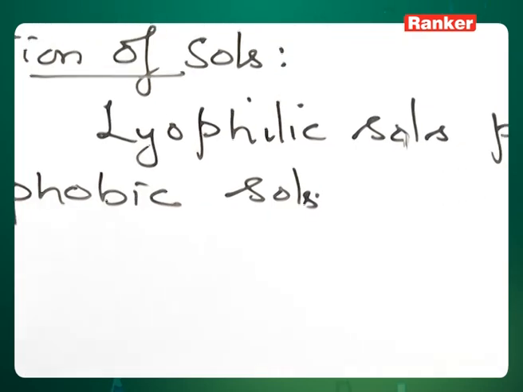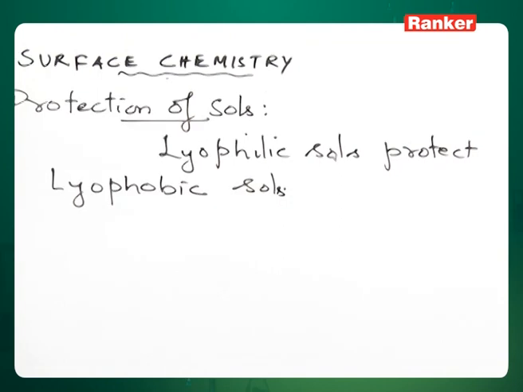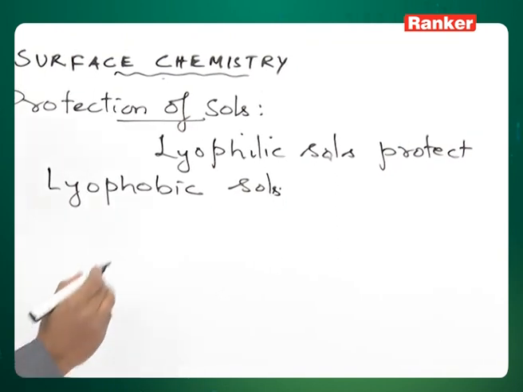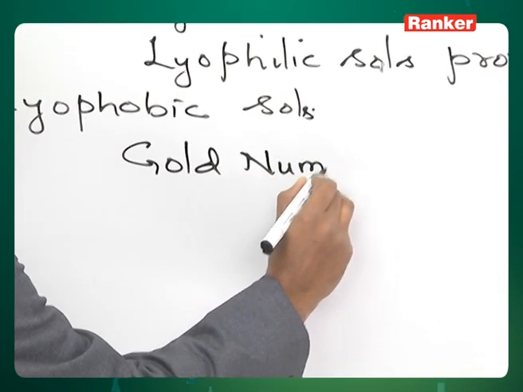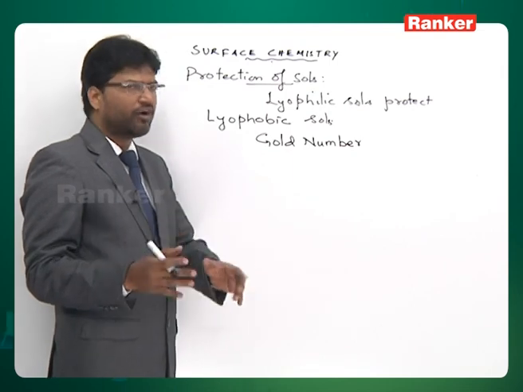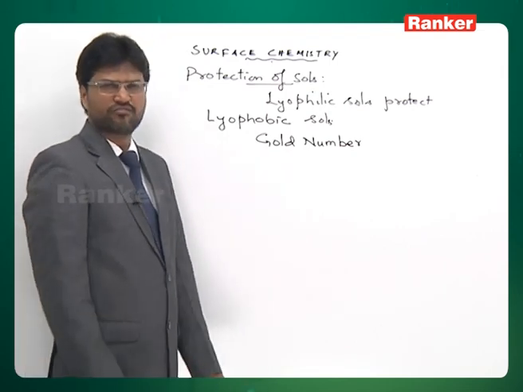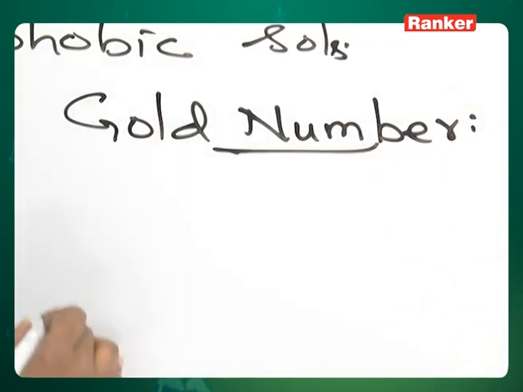The protective power of lyophilic sol, which is offered to a lyophobic sol, is expressed in terms of an important term called gold number. Gold number is an index of protective power offered by a lyophilic sol on a lyophobic sol. It is defined on the basis of this observation.